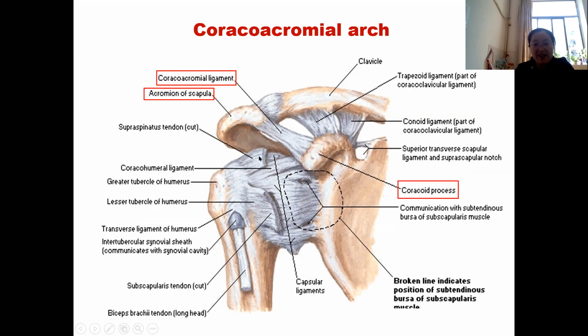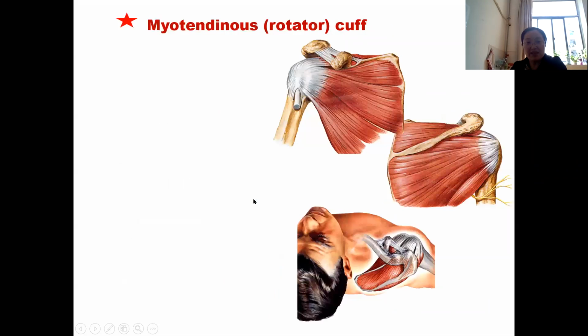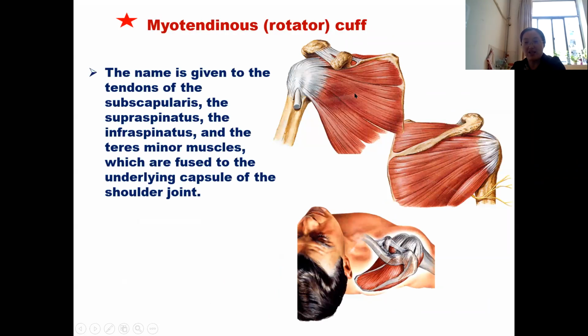And the tendons of the supraspinatus, infraspinatus, teres minor, and also the subscapularis muscle form the myotendinous rotator cuff. Again, to repeat once: teres minor, infraspinatus, supraspinatus, and subscapularis form the myotendinous or rotator cuff.